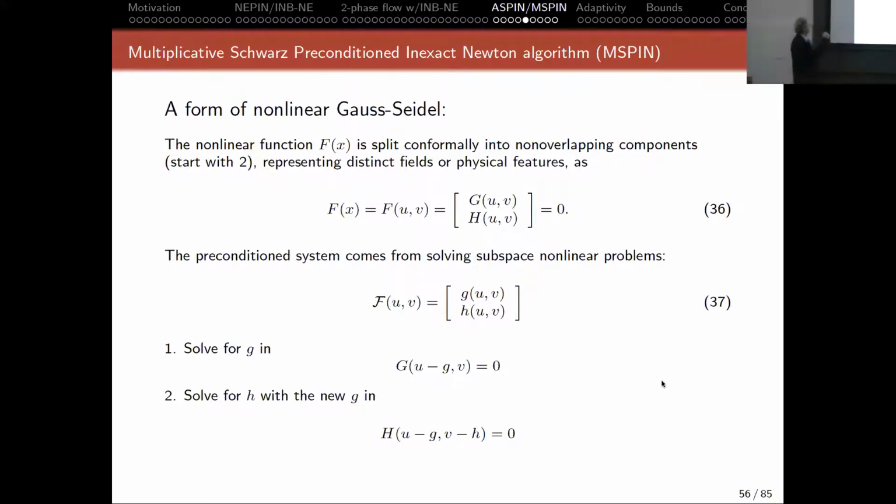So the notation here for later slides is capital G and capital H are the original formulation. Little g and little h are the residuals, which are the corrections of the original, which become the residuals of the modified.